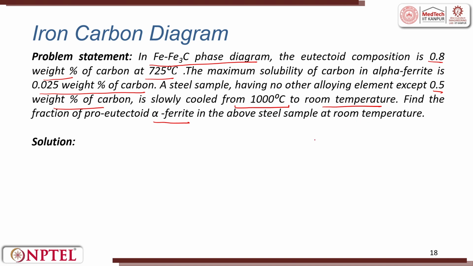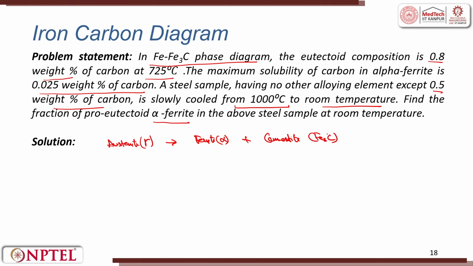Since we are now talking about a temperature that is more than 725 degrees, that is, we are talking about austenite, it is gamma. So, here at 725 degrees austenite converts into ferrite, that is alpha, plus cementite, that is Fe3C.